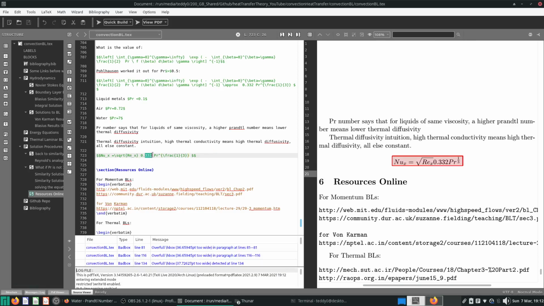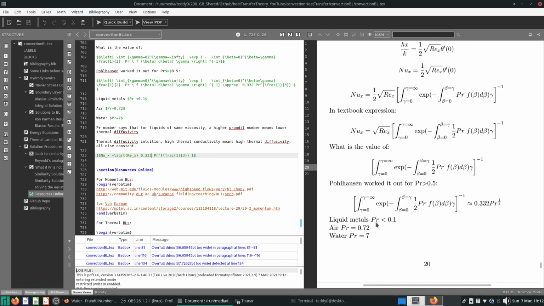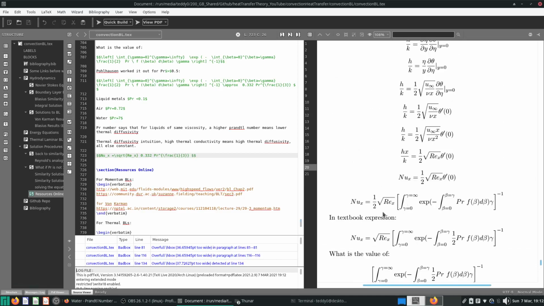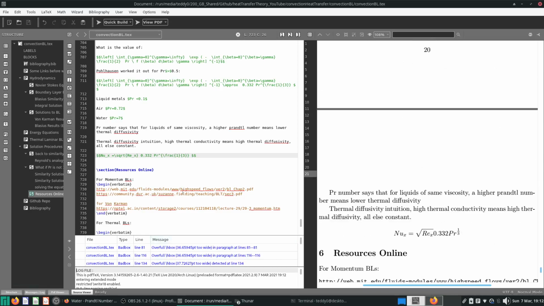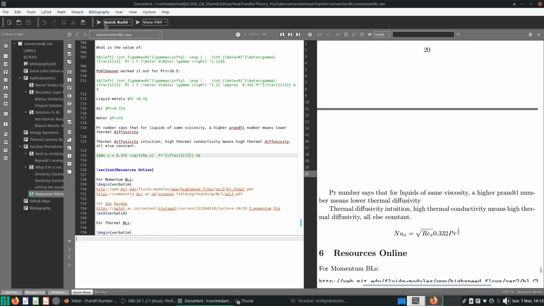We substitute this expression into the Nusselt number expression for this big thing here, and we will get this expression. Of course, we want to bring the 0.332 in front so it looks nicer. How does this compare to our Reynolds analogy?